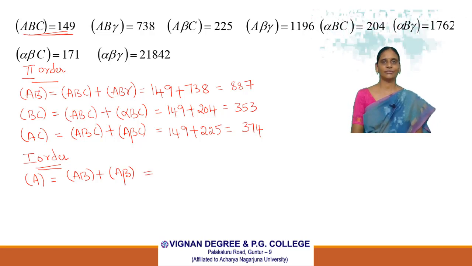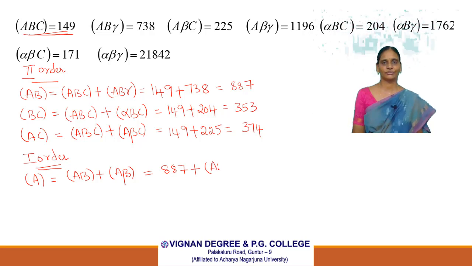Now the value of frequency of AB is 887 plus, again, frequency of A beta can be expressed in third order terms, that is frequency of A beta C plus frequency of A beta gamma.